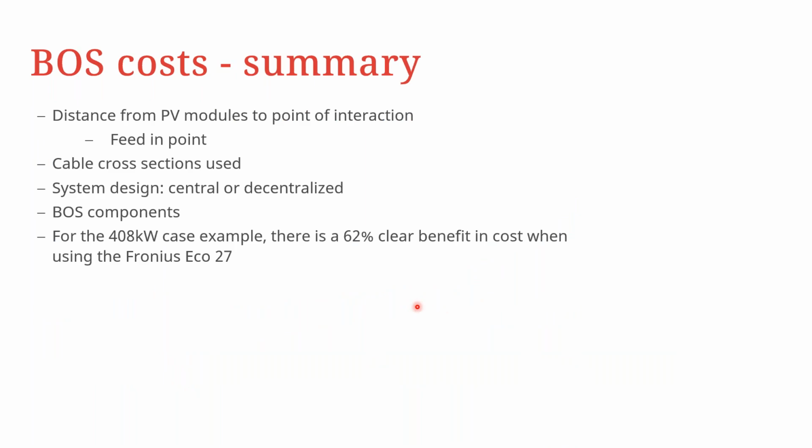So the summary we can deduce from that is that the distance from the PV modules to the point of interconnection, the feeding point, plays an important role as far as the cost of balance of system components is concerned. This could affect things like the cable cross-section being used, and in addition to that, this can also relate to whether you have chosen to use a centralized or decentralized topology.